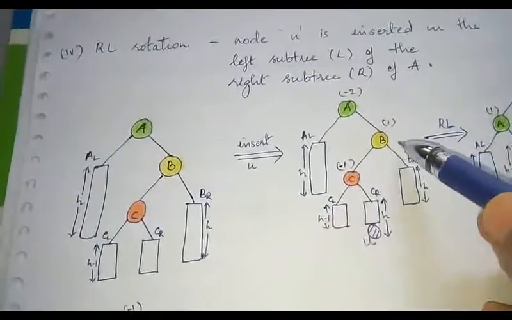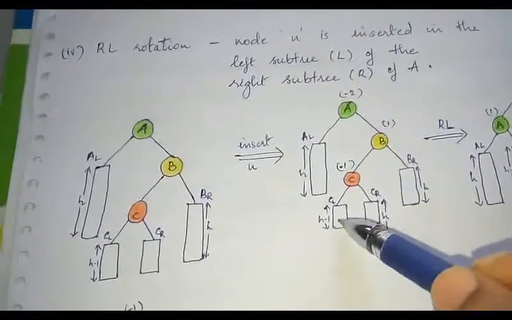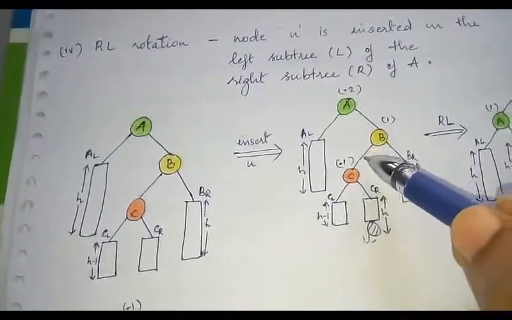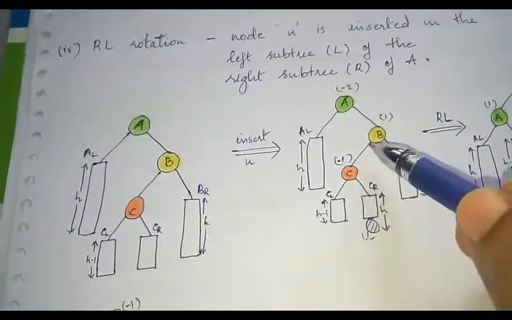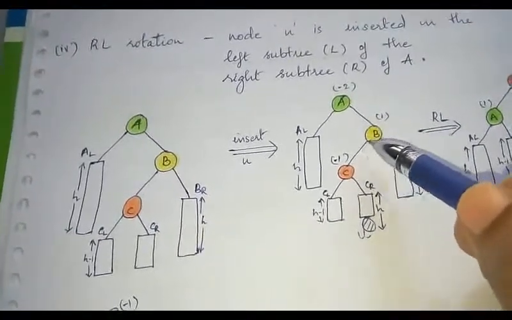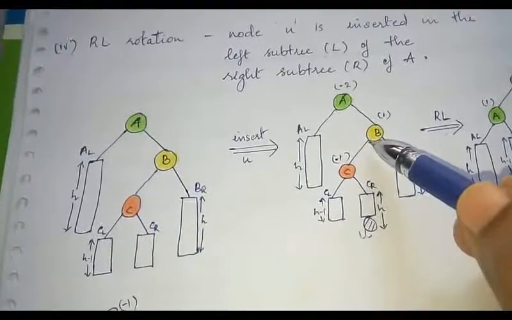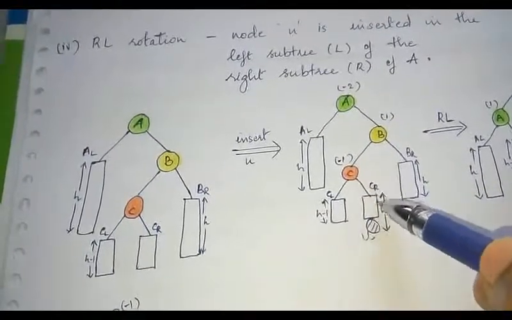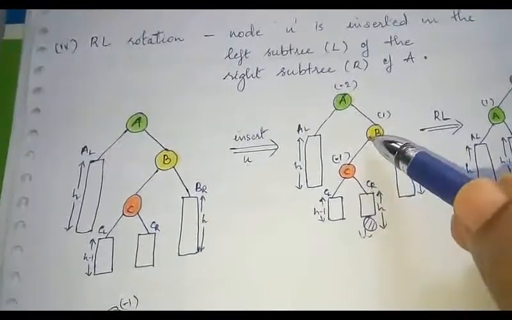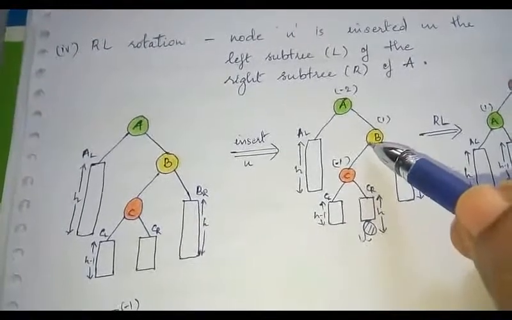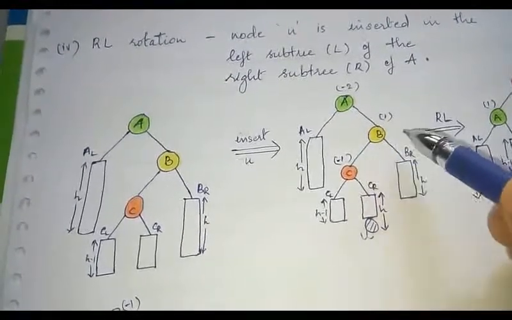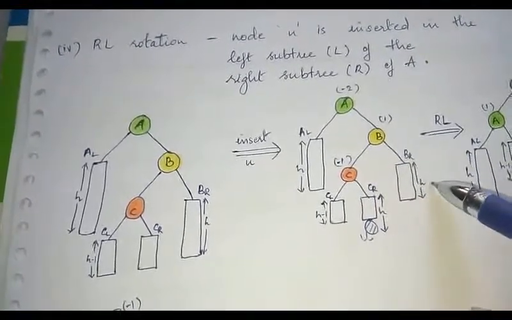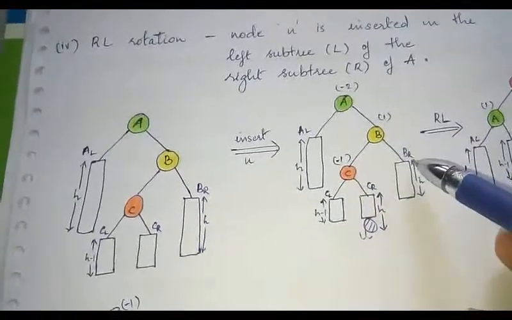Now for B, the longest path to the left of B is this, that is 1 plus H, that is H plus 1. So the height of the left subtree of B is H plus 1 and the height of the right subtree is H. So H plus 1 minus H becomes 1.